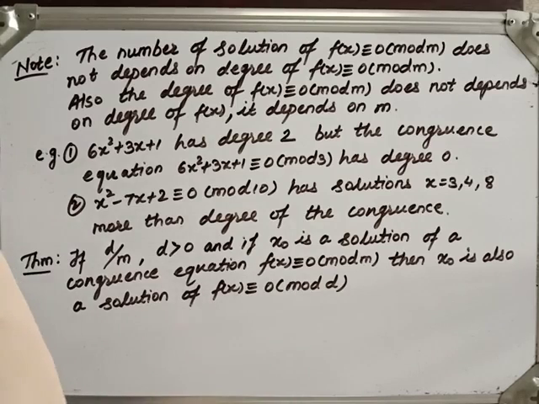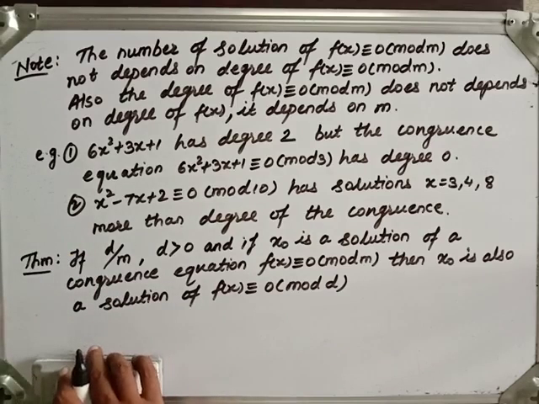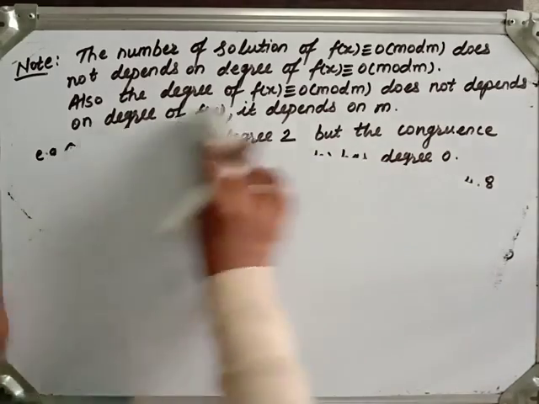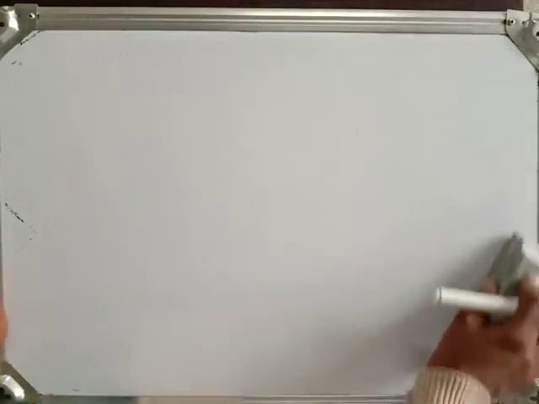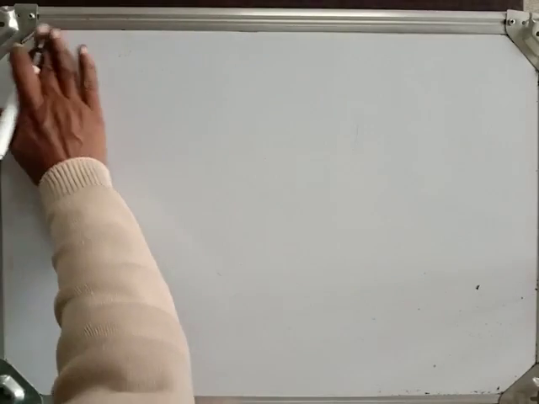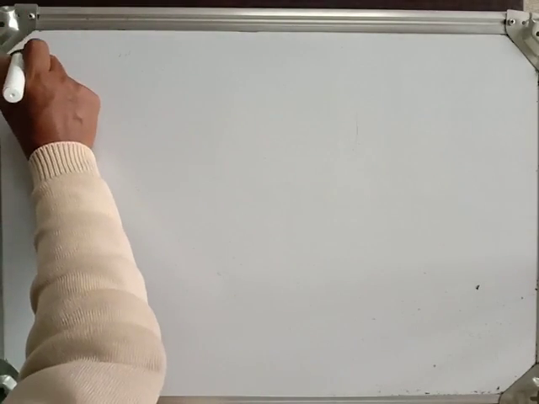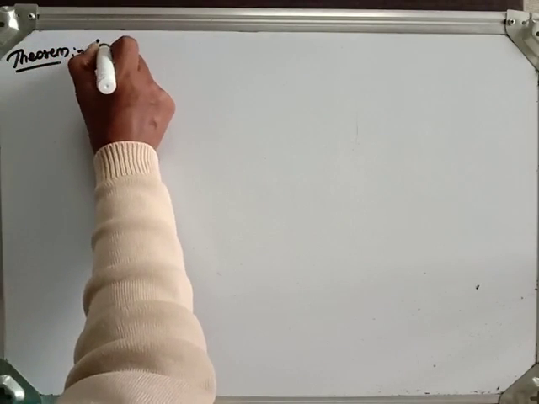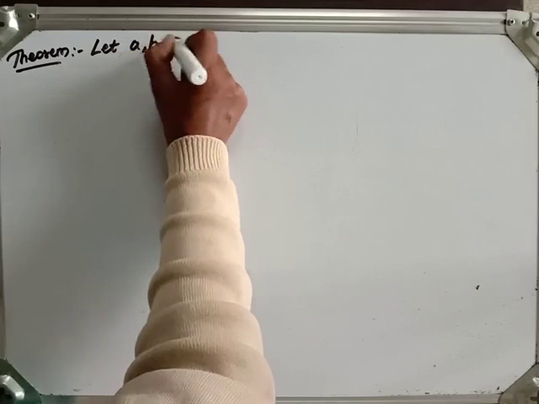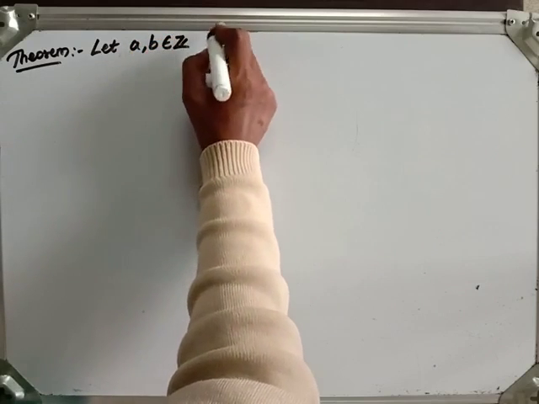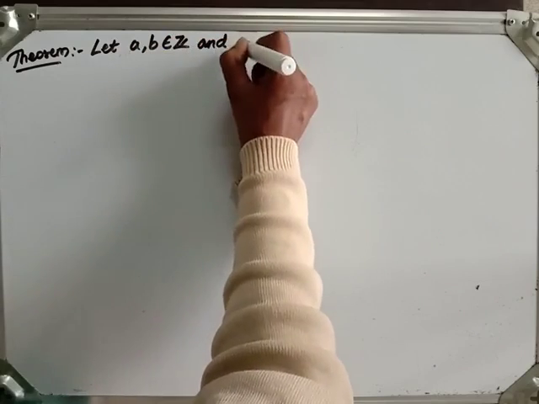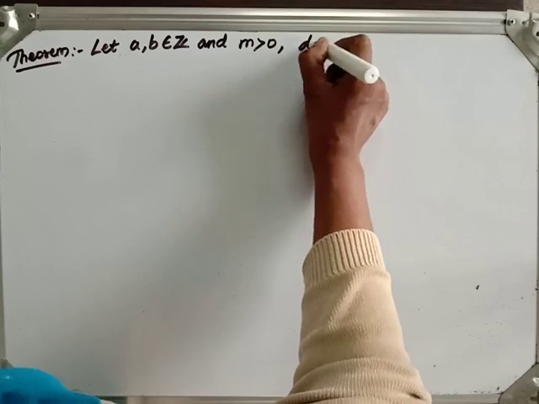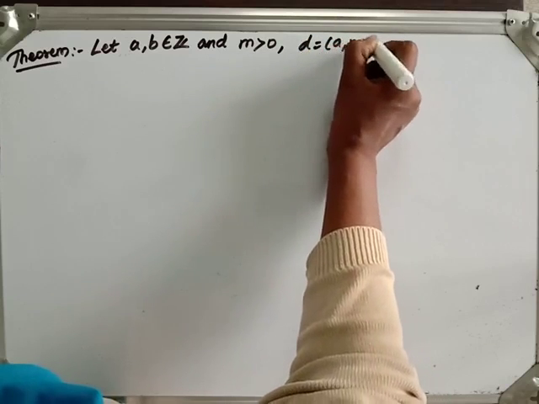Fine. Now we have to see one theorem with its proof about the number of solutions of a linear congruence. So let's see that. Theorem. Let a, b be some integers and m a positive number. d is the GCD of a and m.